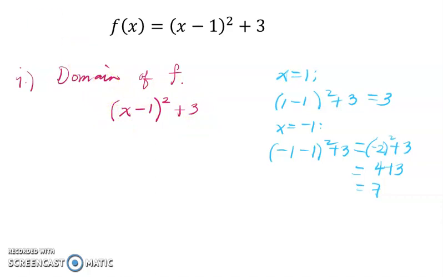So ibig sabihin, from here, we can say that the domain of the function, we will denote that by D of f. The domain of the function is any real number, so the set of any real number.